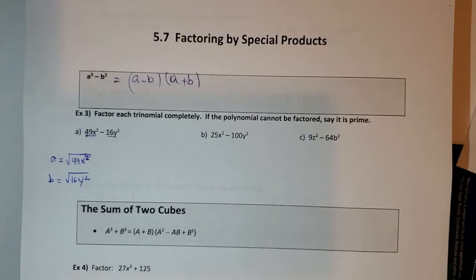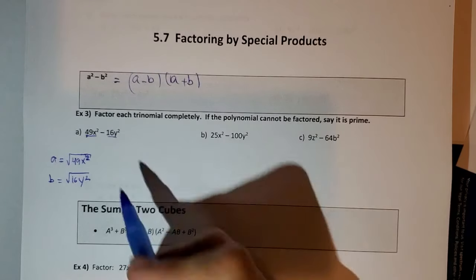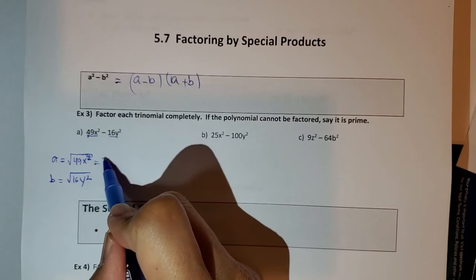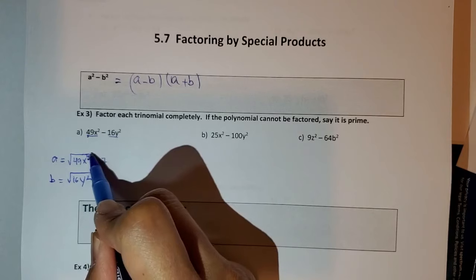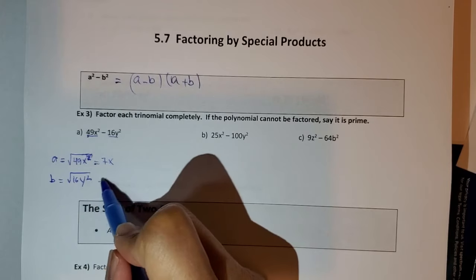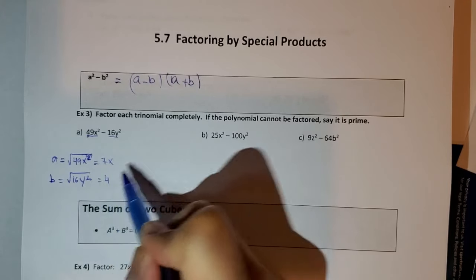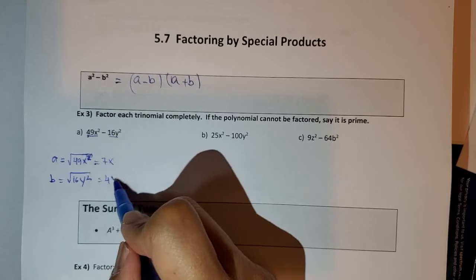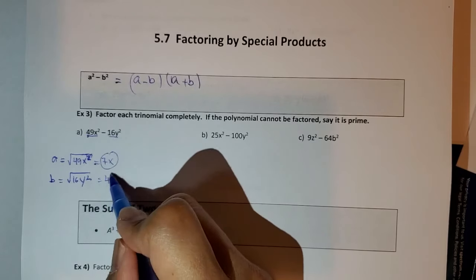So the square root of 49, which is 7, square root of x squared. The square root and power cancel each other, so just x. The square root of 16, which is 4, square root of y squared is just y. So this is my a, that's my b.